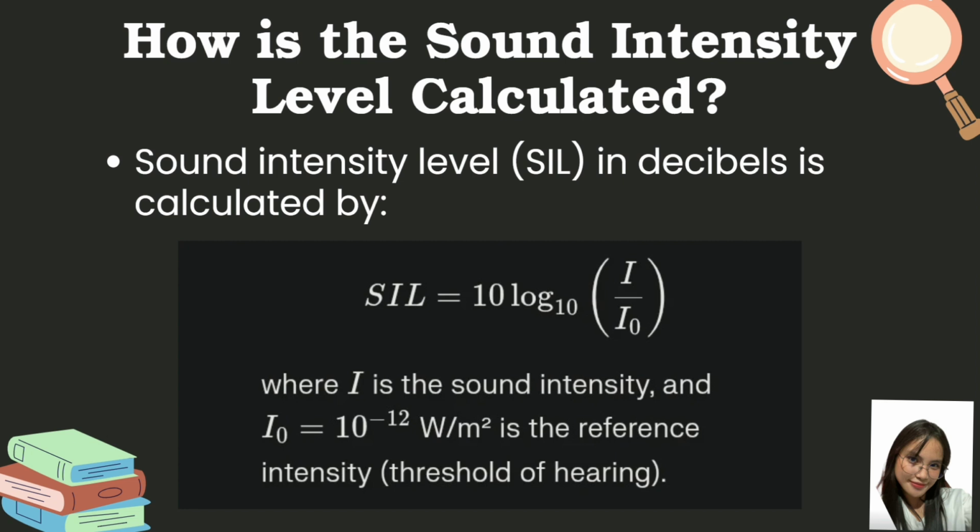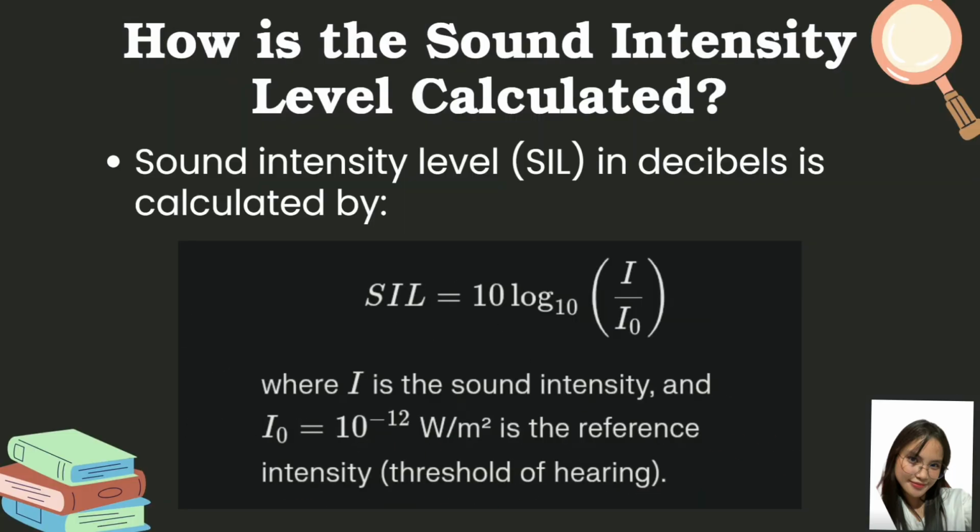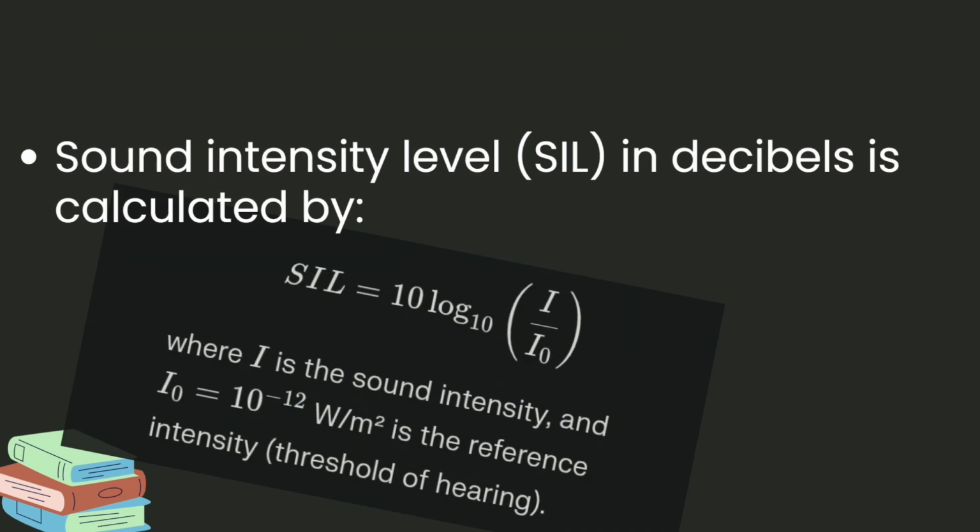So this formula makes it possible to turn huge ranges of numbers into smaller, meaningful values. The examples of problem solving using this formula will be discussed by Miss Toyor.